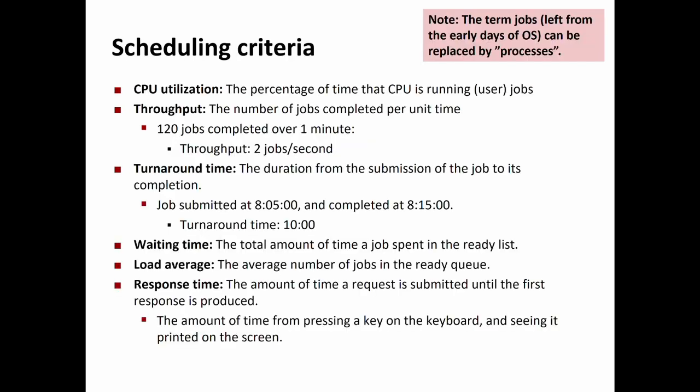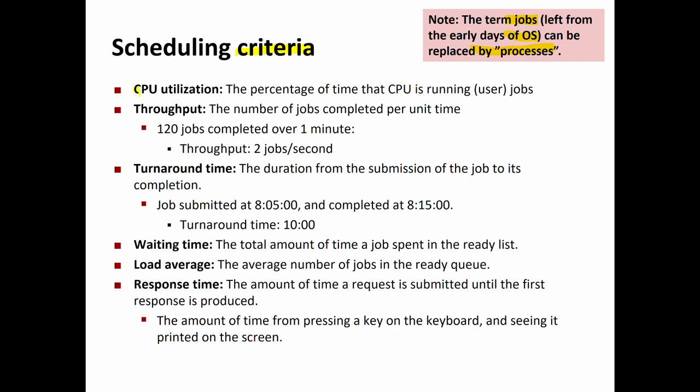There are a number of criteria that can be used, and it will be different for different systems. Just bear in mind that in the early days of operating systems, we were talking about jobs. They can be replaced by processes in the modern context most of the time. So what are the criteria that we can be using?